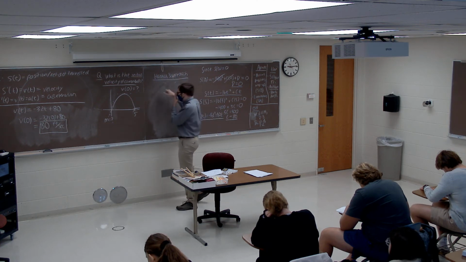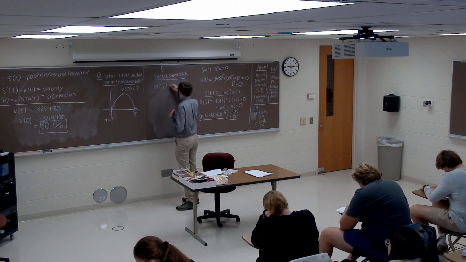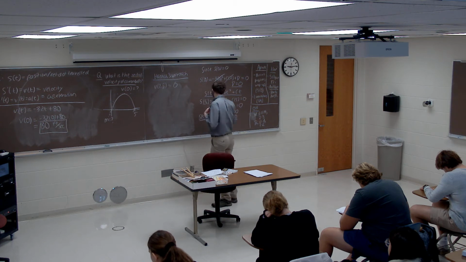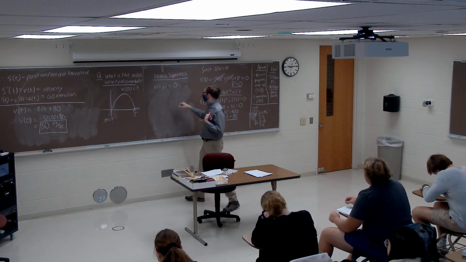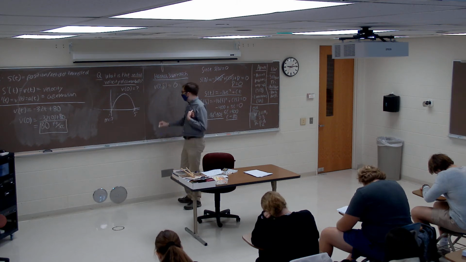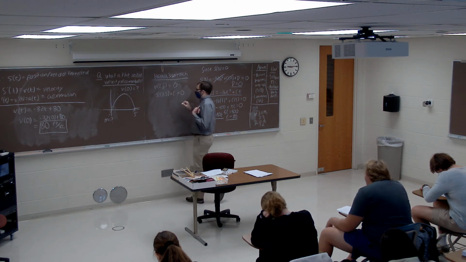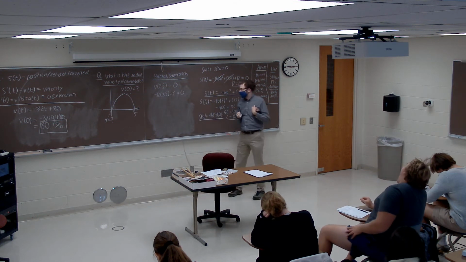Okay, so Hannah's approach was saying v of the halfway point should be equal to 0. So what was our v? It was negative 32t plus c. So we have negative 32 times 2.5 plus c is equal to 0.